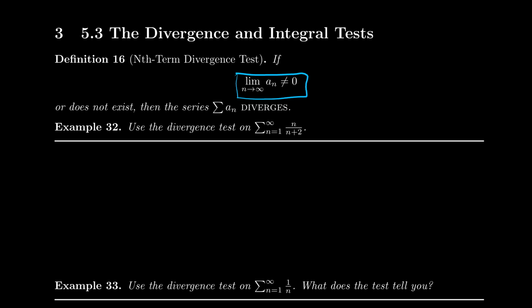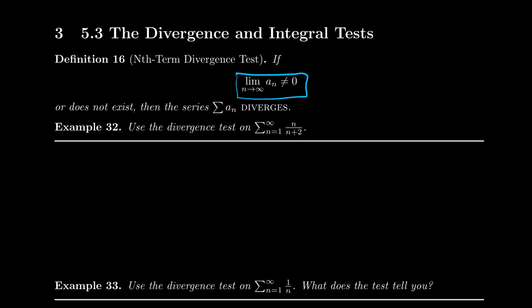We're literally just looking straight at the sequence. And that's the beauty of it. We can look straight at the sequence. If that sequence is not going to 0, then the series is going to diverge, because you're always going to be adding finitely large pieces that are not themselves getting smaller and smaller.